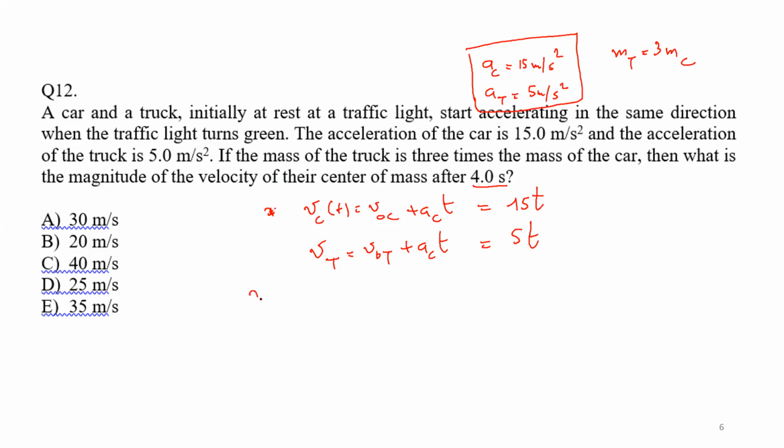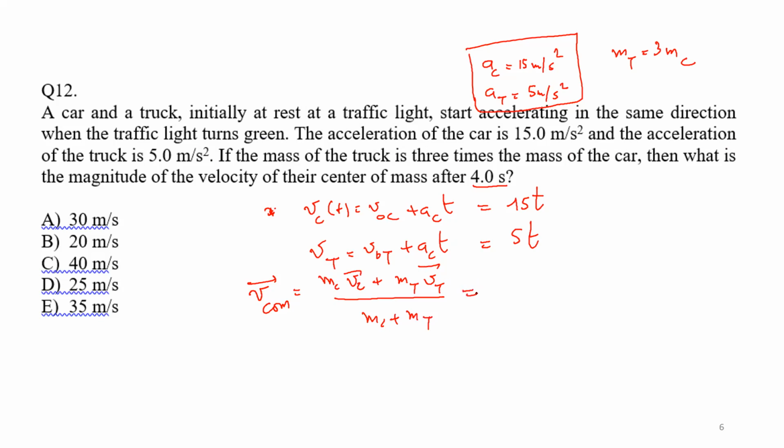You know, I said it in class, the velocity of the center of mass is equal to the mass of the car times the velocity of the car, plus the mass of the truck times the velocity of the truck, divided by the total mass, mass car plus mass truck.